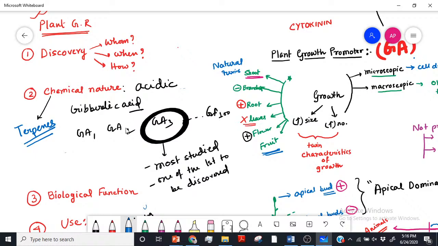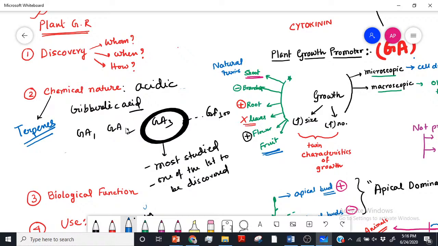Turpentine oil and these terpenes are basically the same chemically. Gibberellic acids are terpenes from the structural point of view, and from the acidity or basicity point of view, they are acidic, and that's why they are termed gibberellic acids. There are more than 100, but out of them GA3 is the most studied.